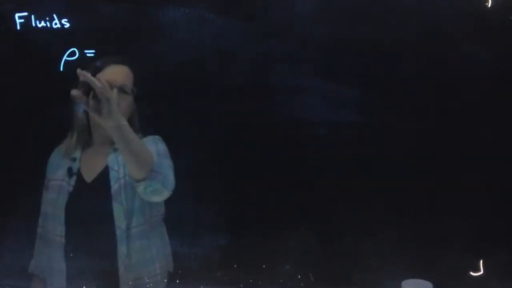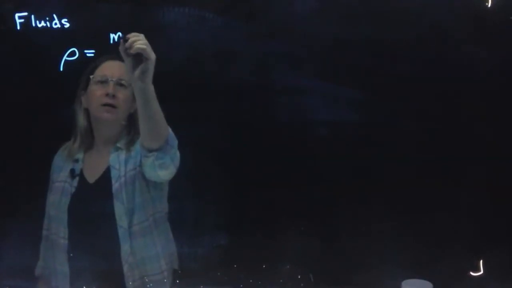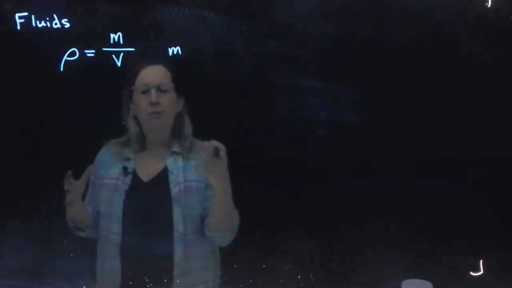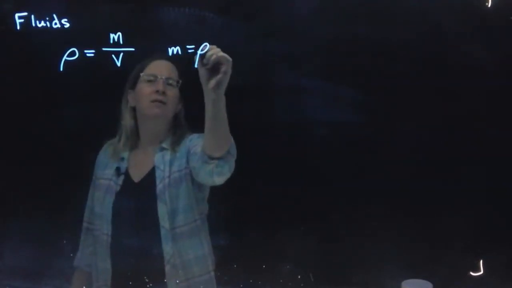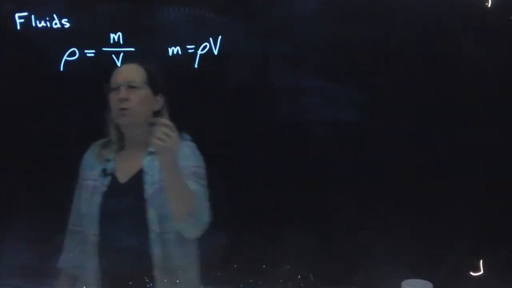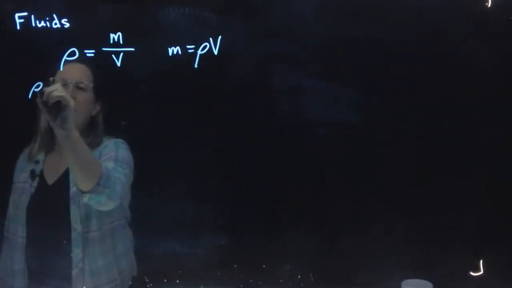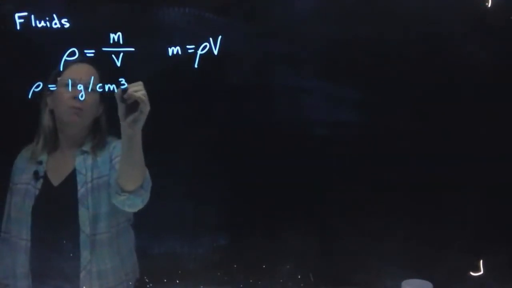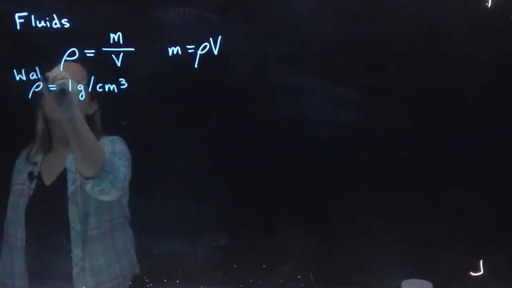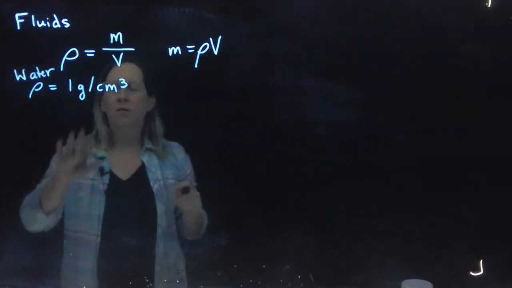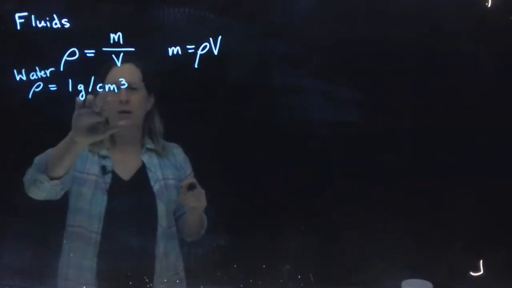But first, just a reminder, density, rho, the Greek letter, is mass over volume. So if you want to find the mass of some amount of liquid, you take the density times the volume. I want to give you a little bit of warning though. You're used to probably a density in grams per cubic centimeter. That's for water. In our MKS system, we want to be in kilograms, in cubic centimeters or milliliters, either one.